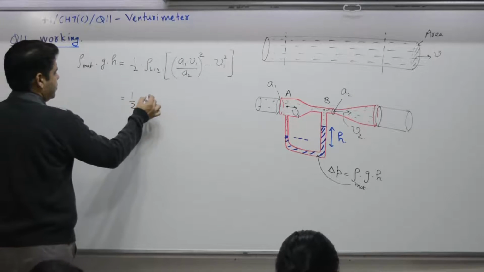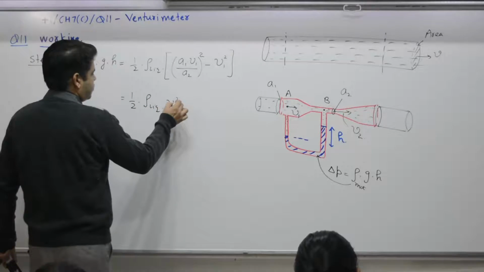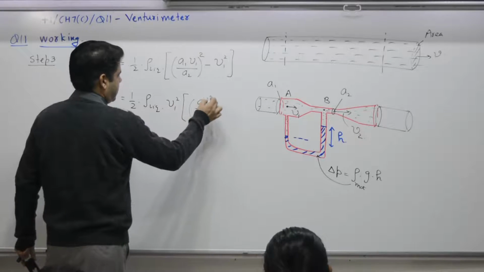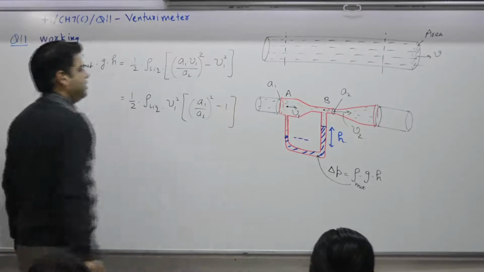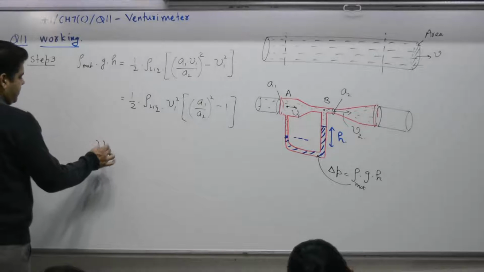1 by 2 density of liquid, V1 square, A1 by A2 square minus 1. Find V1. V1 is equal to what?